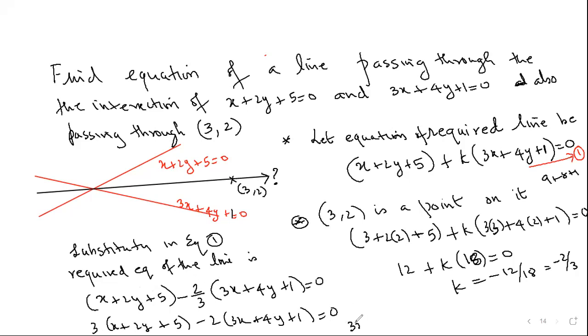So the final answer is 3x plus 2y, 15 minus 2 is 13, minus 13 equal to 0. Let me check what the two students give me as the answer. Yes, Rashesh has given the correct answer. Good.